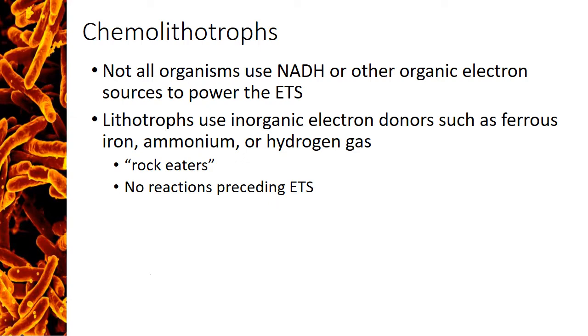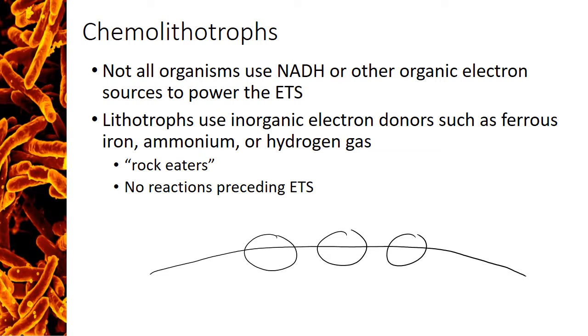For example, we can take a look here. This would again be the cell membrane. Here are the proteins of the electron transport chain, along with ATP synthase. However, instead of NADH dropping the electrons off, we might have a molecule such as nitrite, which is going to drop its electrons off.